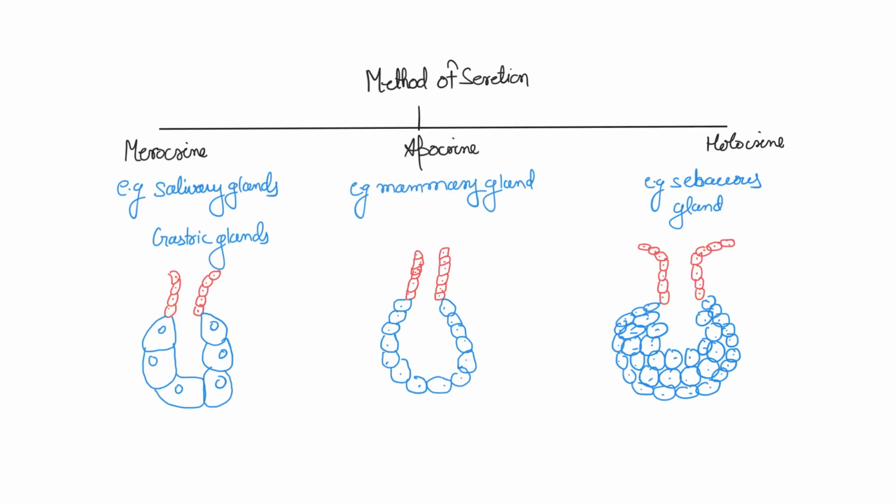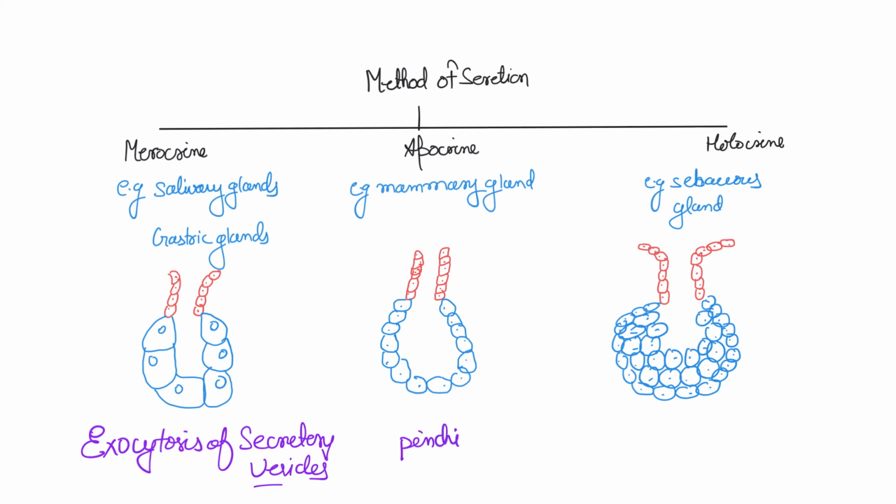So the merocrine glands have their secretions packaged into these secretory vesicles, and these secretory vesicles are pushed out via exocytosis, right? So they give out the secretions via exocytosis of these secretory vesicles, where they store all of their secretions. Whereas in the apocrine gland, the pinching off occurs, right?